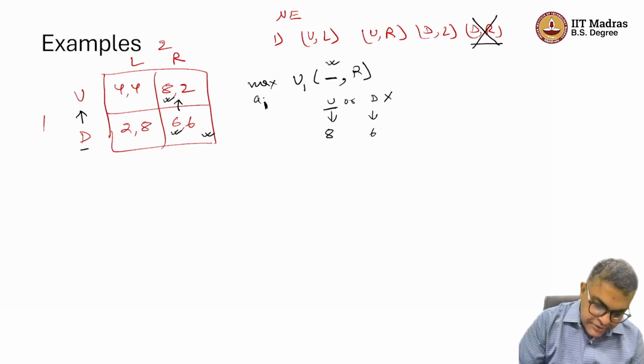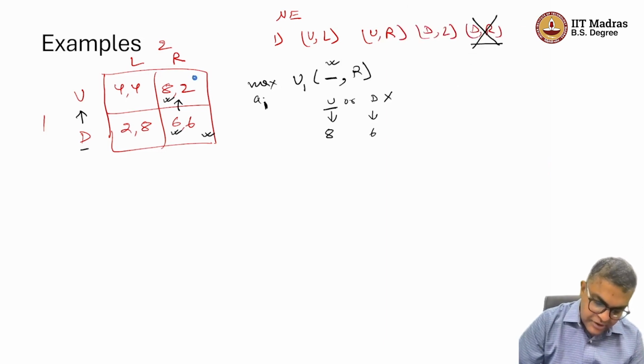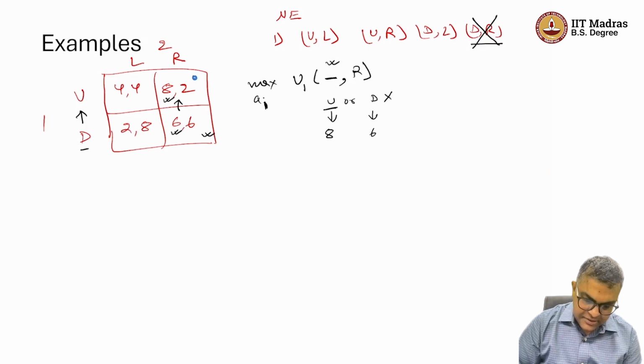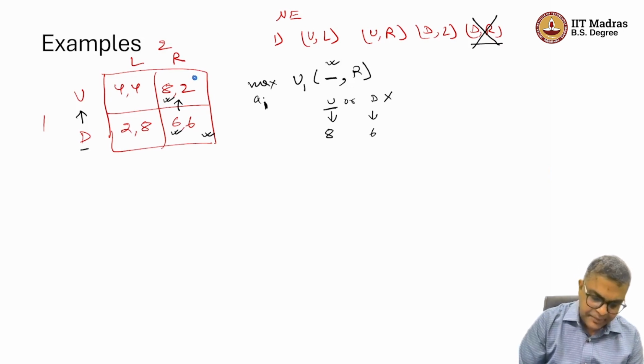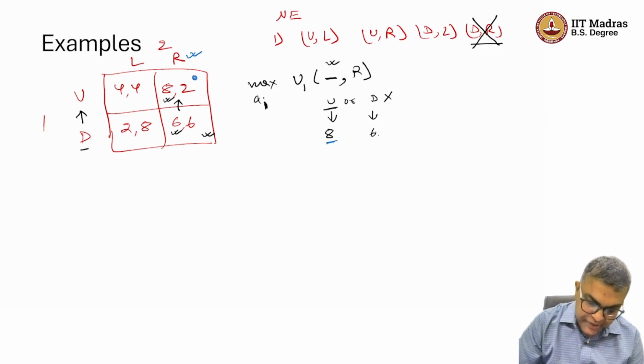How about this box? Let me change the color. Does player 1 have incentive? Player 1 doesn't have incentive. We just check that when player 2 is playing R, U gives 8 and D gives 6. So U is more than D. So player 1 doesn't have any incentive to change. But how about player 2?